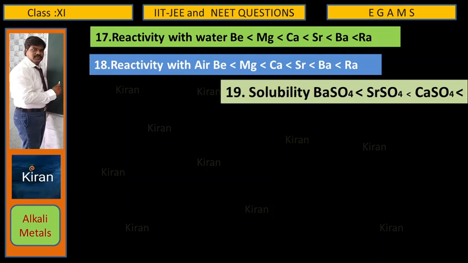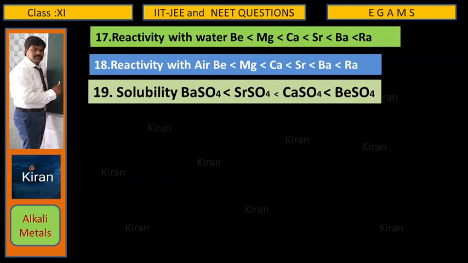Solubility, now we are seeing the solubility of sulfates. Sulfates: the lower the atomic size, the higher the solubility, like carbonates. Carbonates also, lower atomic size has higher solubility. In this case also, lower atomic size has higher solubility.